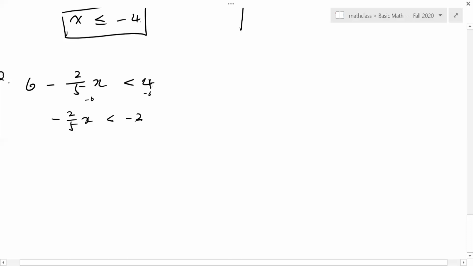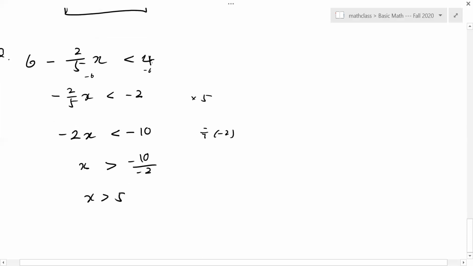Then you multiply both sides by 5, then you get -2x, still less than, be careful because it's a positive 5, than 10. Then you divide by -2. If you divide by -2, the left-hand side is x. Then don't forget to change the direction of the inequality. So x should be greater than 5. Okay, great.